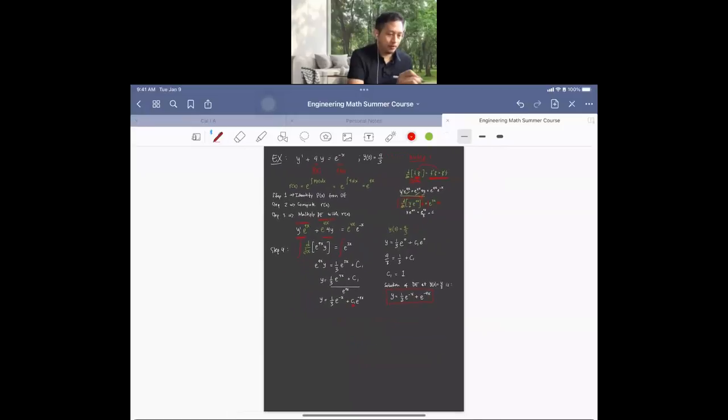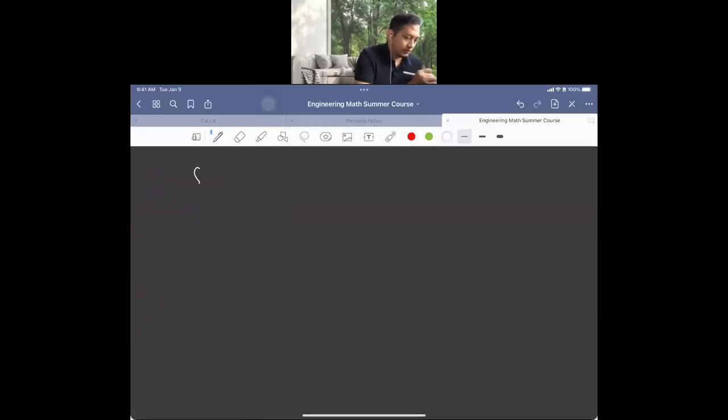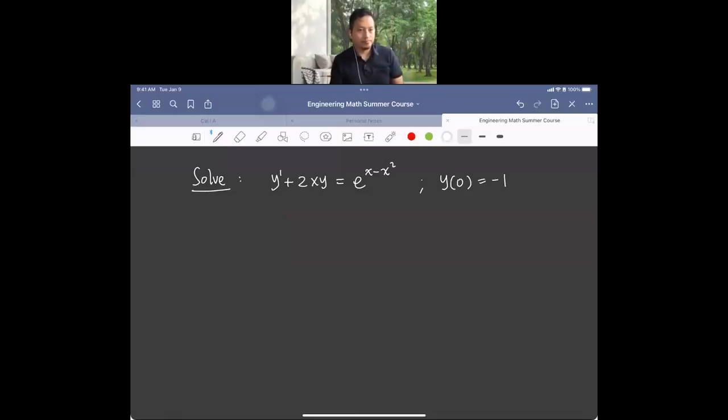Solve y prime plus 2xy equals e to the power of x minus x squared, with initial conditions x equals 0, y equals negative 1.